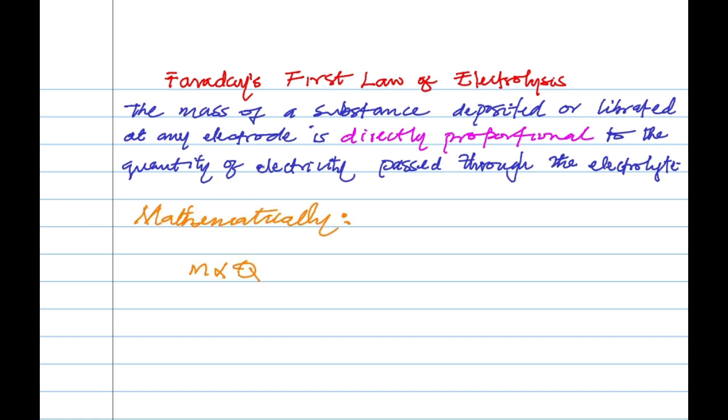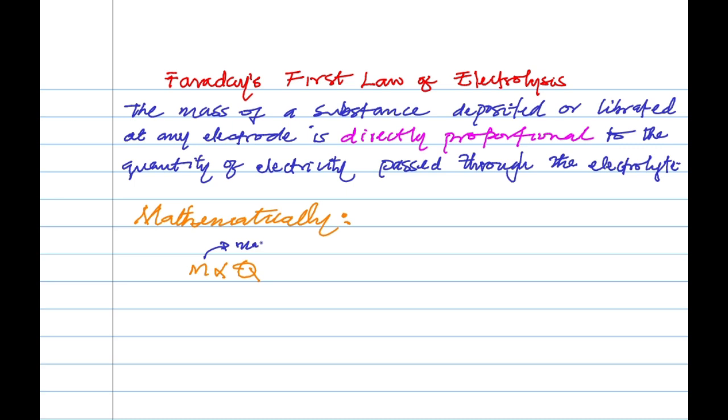Mathematically, the law can be represented by what we have here: mass is directly proportional to quantity of electricity. m stands for the mass of substance deposited or liberated, measured in grams.